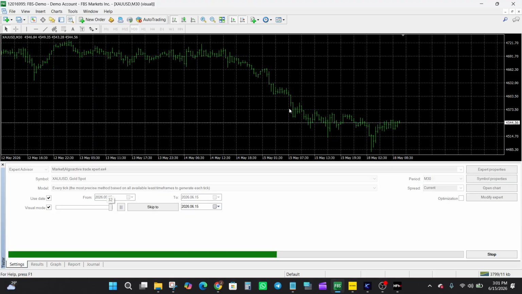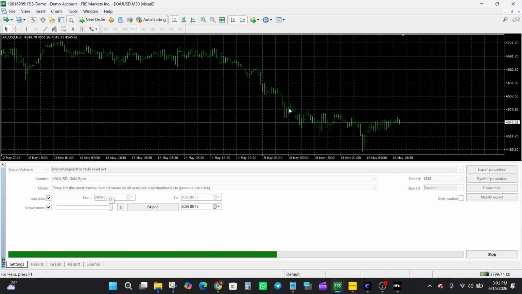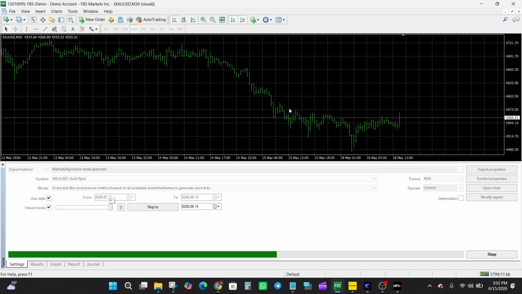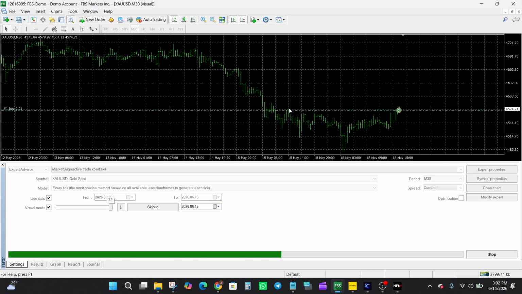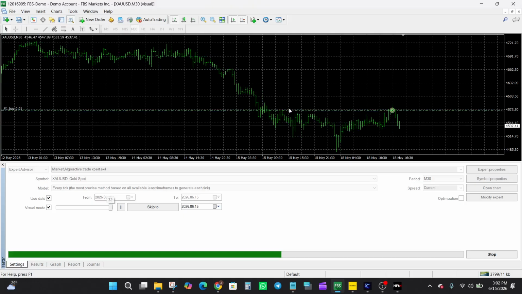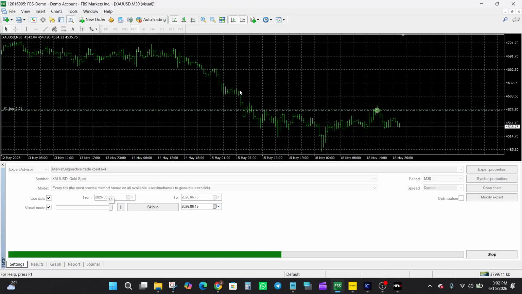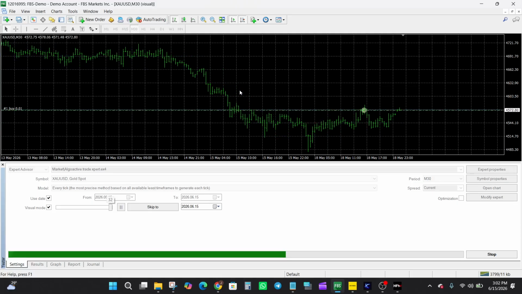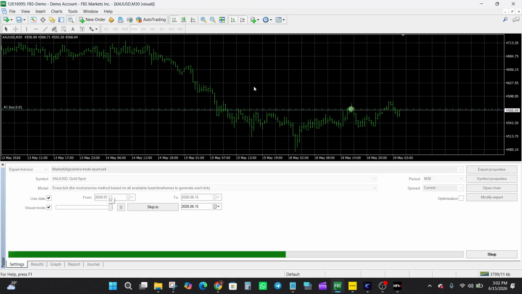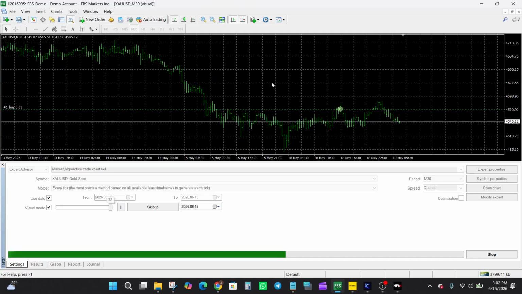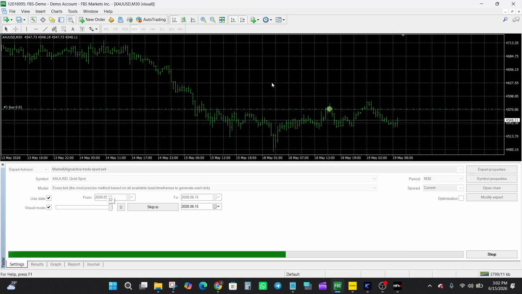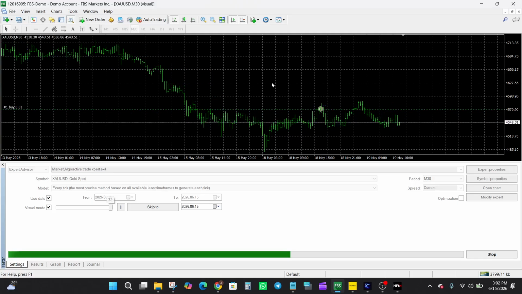So when evaluating the historical results, it is important to keep in mind that performance can vary depending on risk settings, lot sizing, broker execution quality, spread conditions, slippage, optimization choices, and overall market conditions. All right, so these factors can all influence how an EA performs in both testing and live environments.